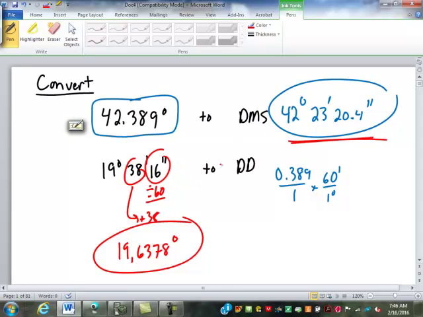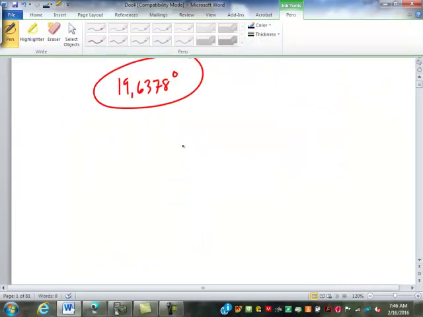Now, looking at your calculators. You guys have Sharps, don't you? No, I have Casio. This is Casio and you got TI. Depending on your calculator, you might have a key that looks like that. Oh, really?